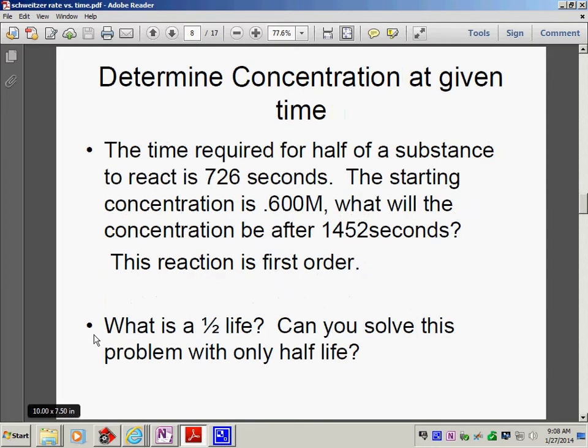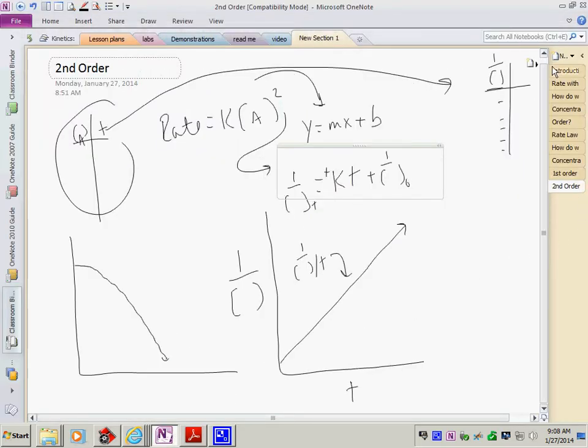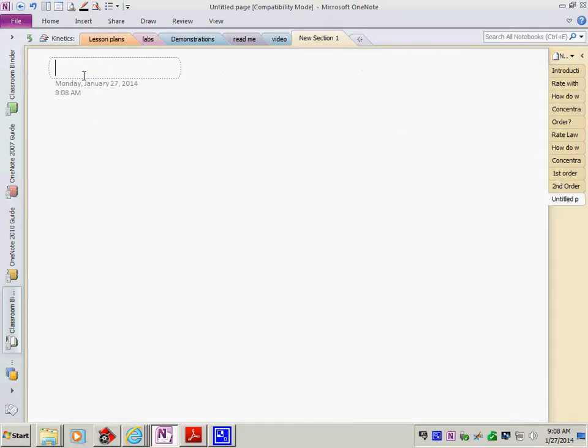All right, so I'm going to go through here really quickly. Determine the concentration at a given time. So here's the first question. Time required for half a substance to react is 726 seconds. Now, one thing that I'll mention here is what's called a half-life. Now, for half-life, let's flip to a new page here. Half-life is fairly common.